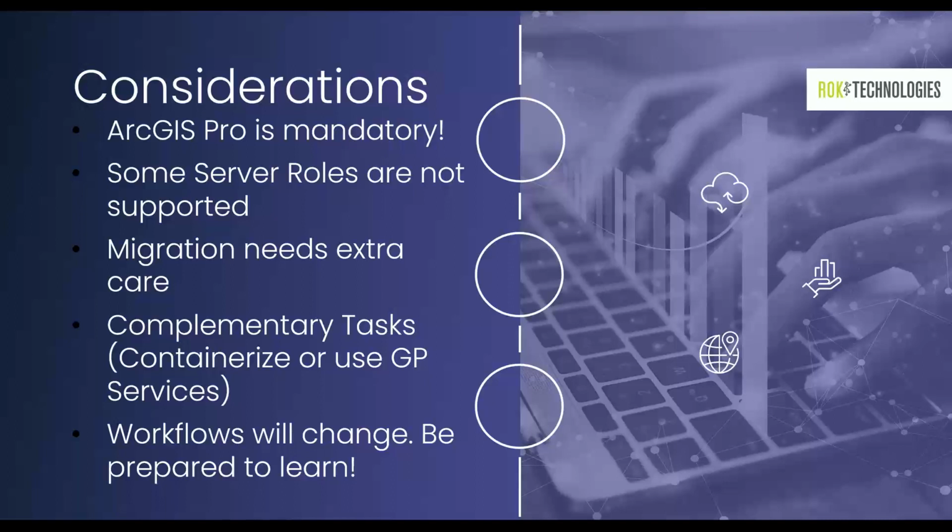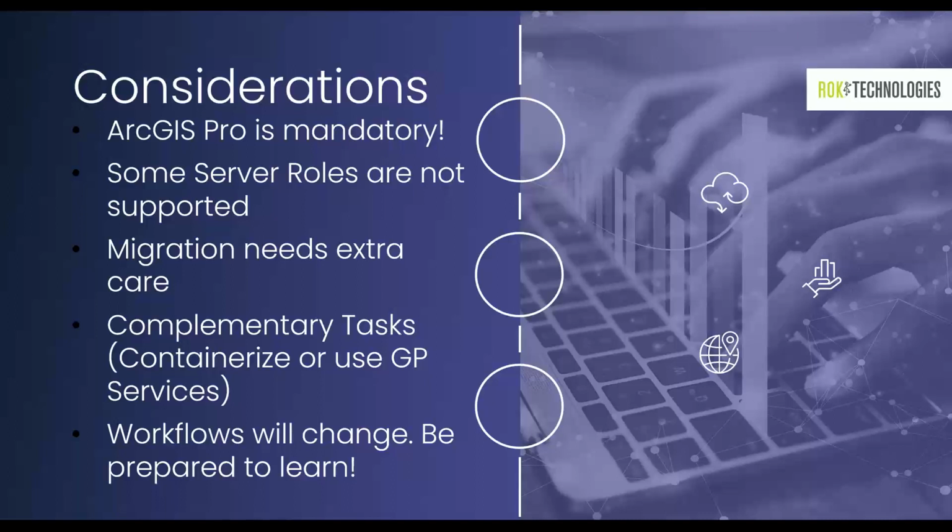Next is assessing your complementary tasks. So traditional operating system access is not available. Like I said, there's not that Windows GUI that's available in a Kubernetes environment. For many, that's great. You don't have to worry about the operating system. There's nothing else running on your servers.